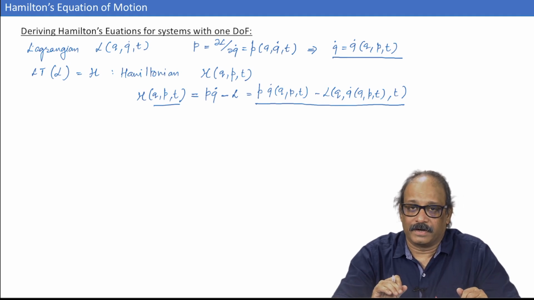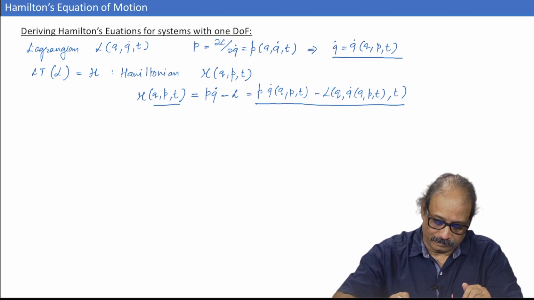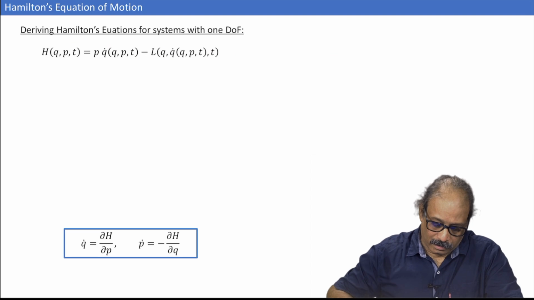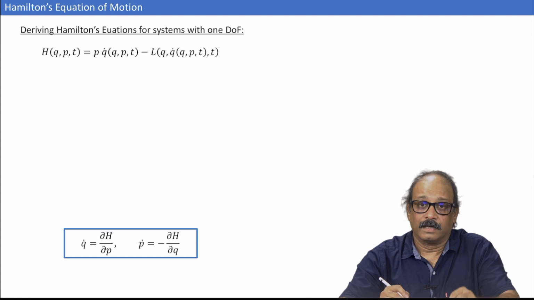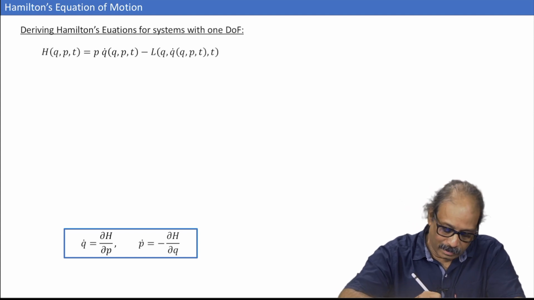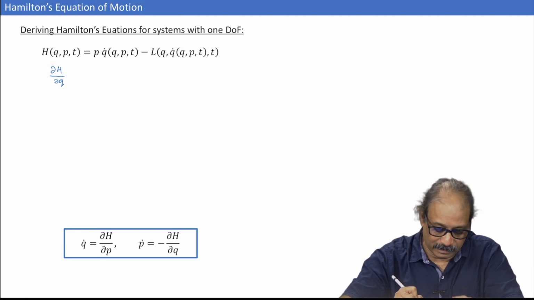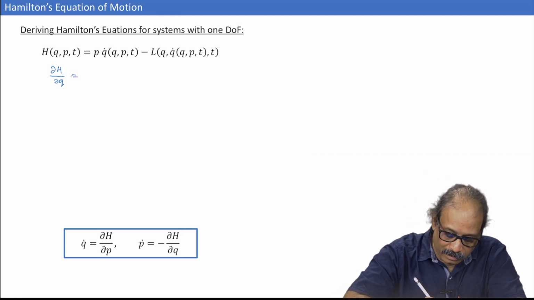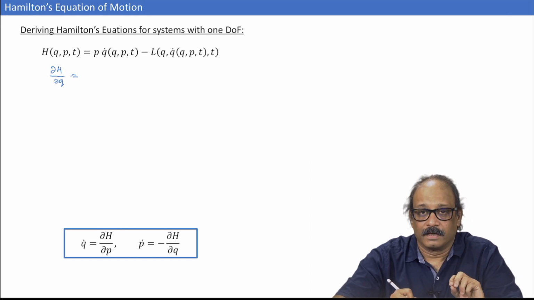Now, I want to find out the equations of motion. Okay. So, here I have already written the Hamiltonian. Let me start by taking a partial derivative of the Hamiltonian with respect to q. When I take a partial derivative of H with respect to q, remember, q, p and t are the independent variables.